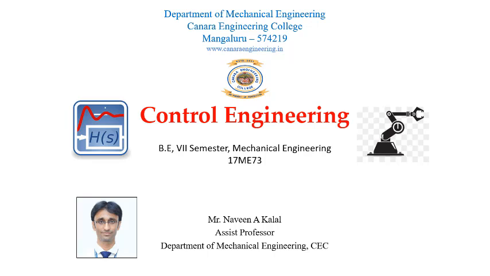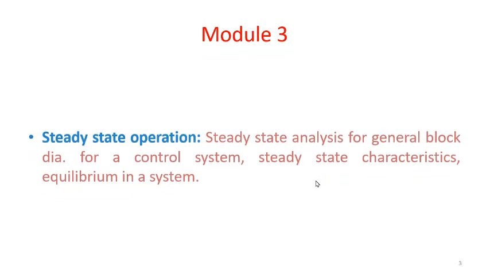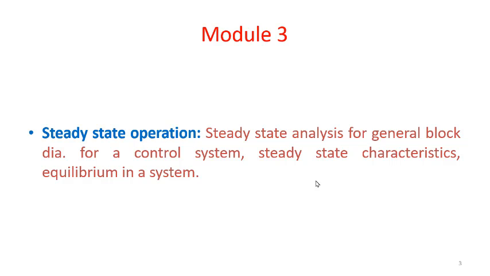In this session, we are going to start with the third module. Under the third module, we are going to study today steady state operations, where we are going to know about steady state analysis for a general block diagram for a control system.